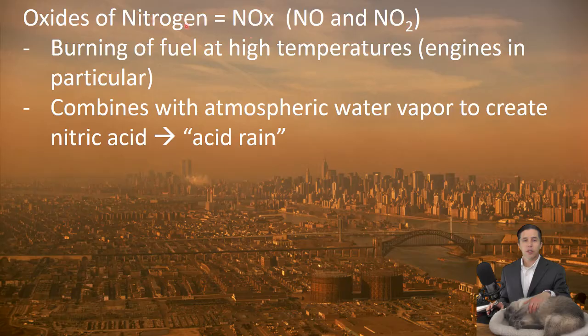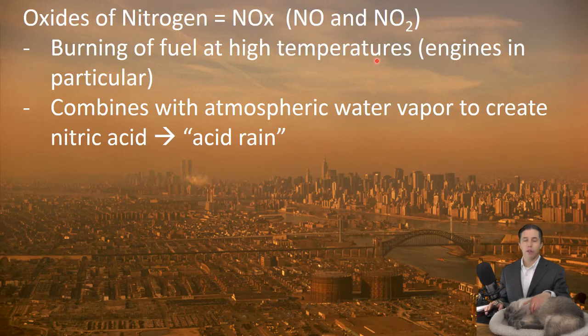Next one on our list is oxides of nitrogen, which we abbreviate as NOx. NOx are two different molecules, NO and NO2. You get them when you burn fuel at high temperatures. So for example, a car engine burns gasoline at a pretty high temperature, it produces NOx.